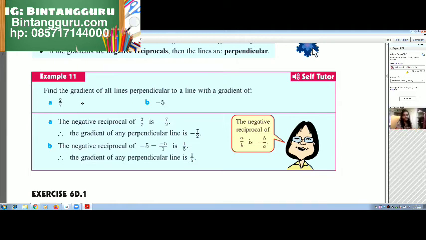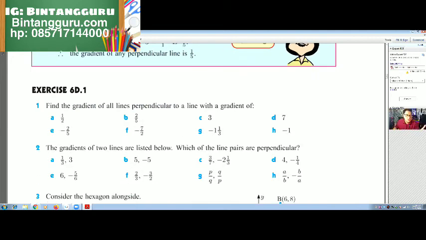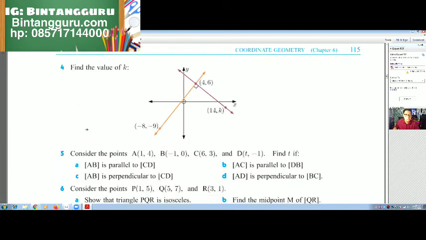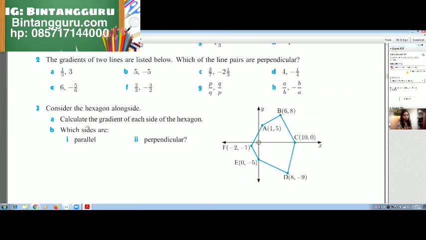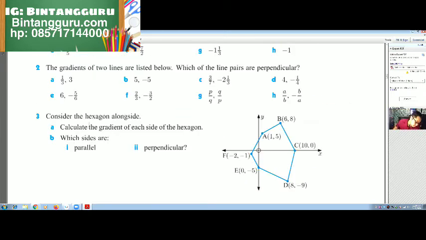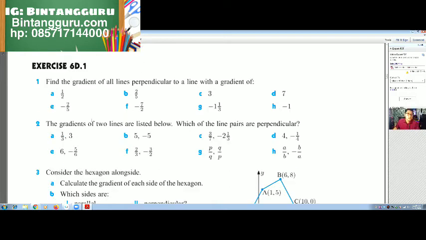No. Okay, now I will give you an example. We have to do exercise 6D, number 1.